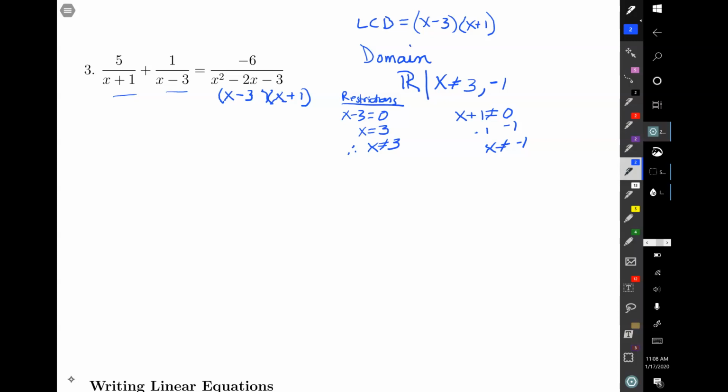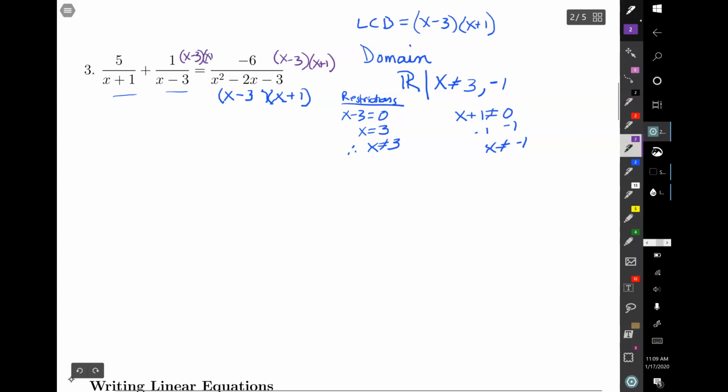So let's continue on with multiplying. Now we're going to multiply the entire equation and distribute the lowest common denominator. I'm going to take the little shortcut of just multiplying every term by x minus 3, x plus 1. So I'm just writing that in next to every numerator.